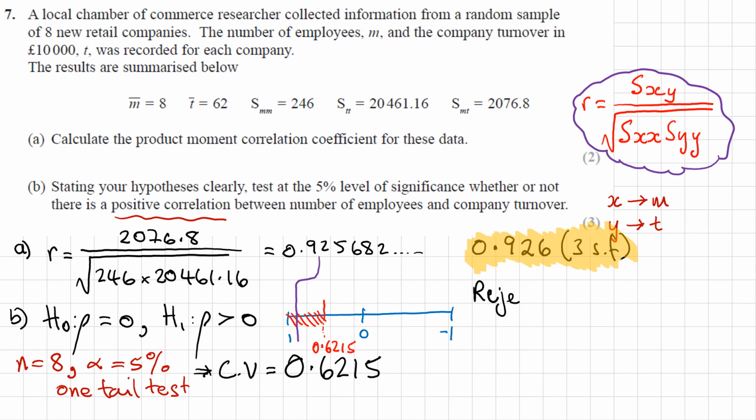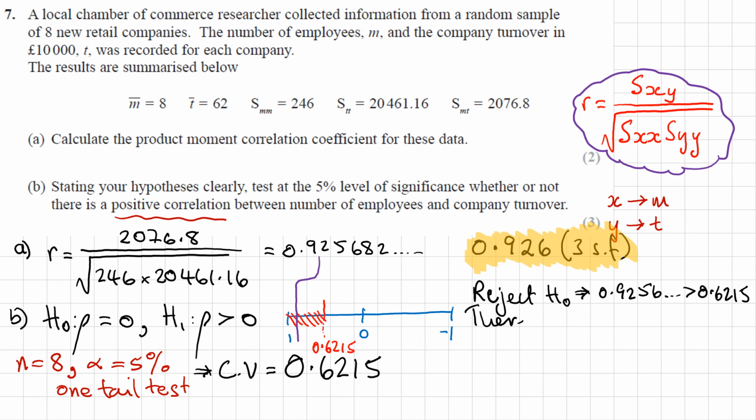Well, that's not a conclusion, but I'll say what I'm going to do first. And the reason I'm rejecting H0 is because 0.9256 is greater than my critical value, 0.6215. And now we write our conclusion.